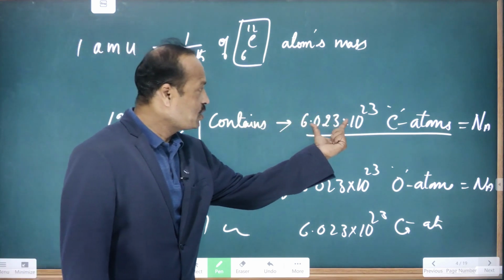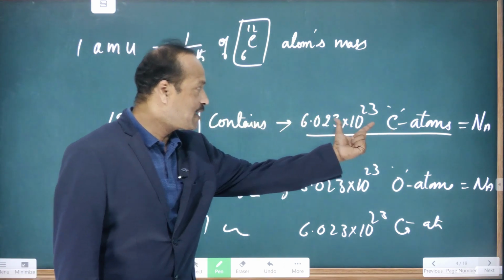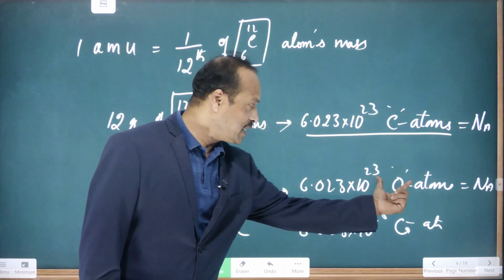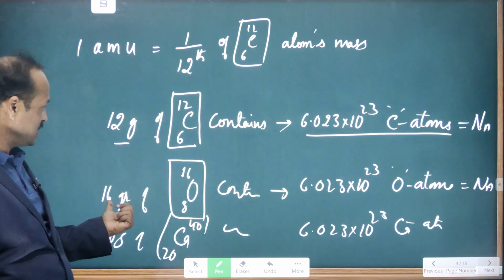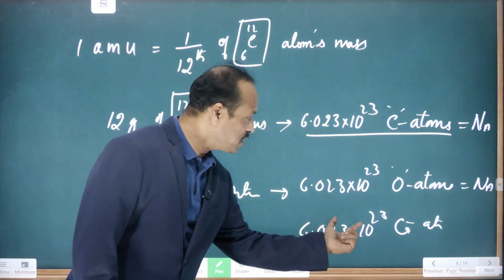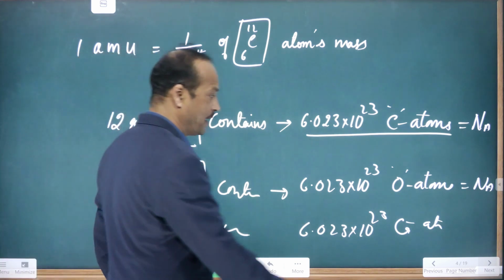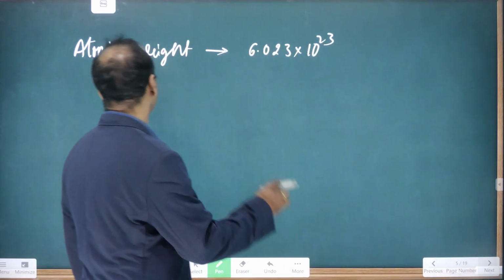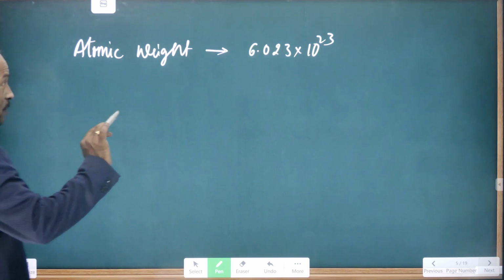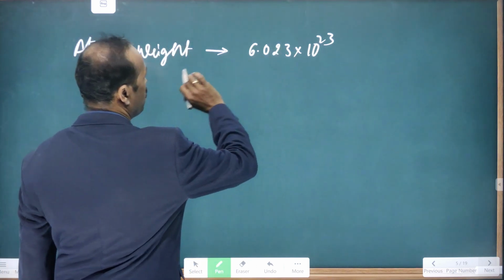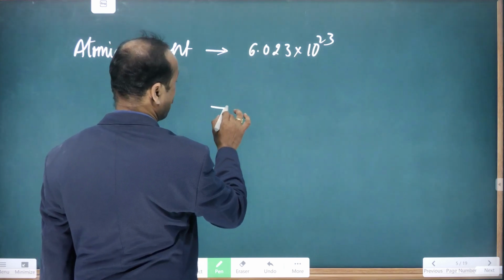So 6.023 into 10 to the power of 23 carbon atoms mass is equal to 12 grams, oxygen atoms 16 grams, calcium atoms 40 grams. Now similarly, observe carefully here.